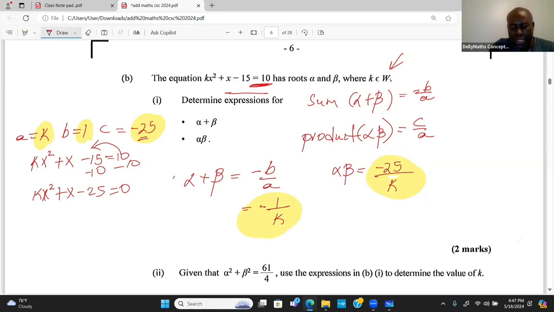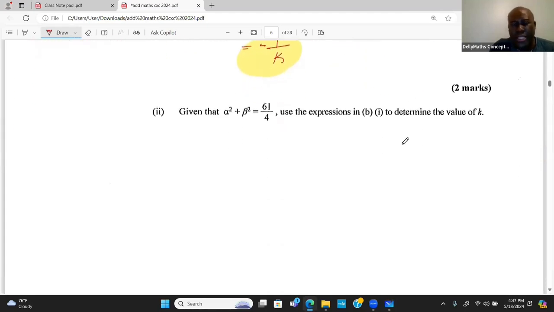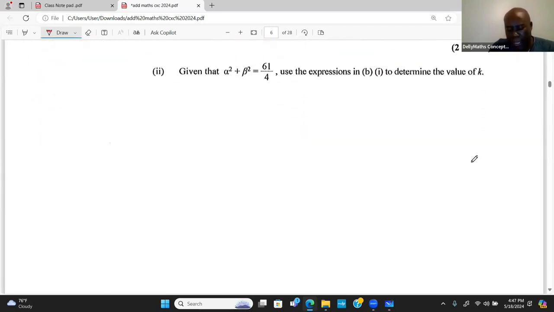All right. Now let's take a look at what else they want. As we go further in the question, it says given that alpha squared plus beta squared is equal to 61 over 4, use the expression above, which are these that we just have here, to determine the value of k. Remember, we need to remember the identity for this.